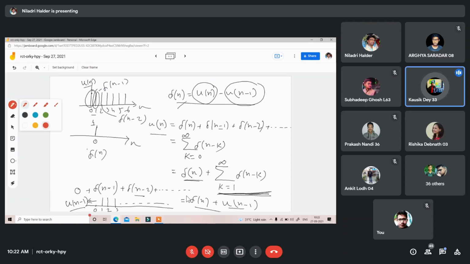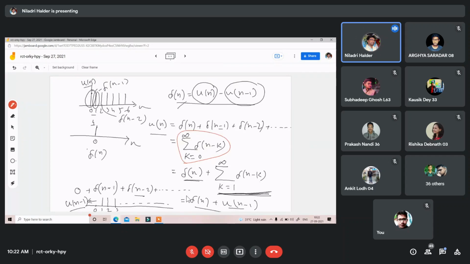Actually, un minus 1 means right shift. Actually, what we have done, that was your first value that defines delta n plus delta n minus 1 plus delta n minus 2, that value k equal to 0 to infinity delta n minus k. Now we are splitting delta n from that, from the total summation. So delta n we have written separately, and the remaining term is that k equal to 1 to infinity delta n minus k.